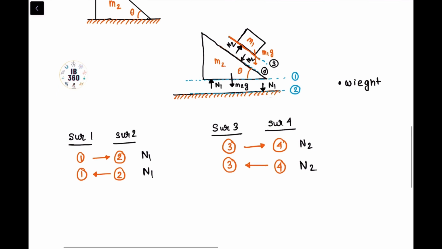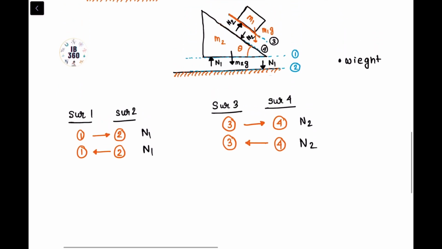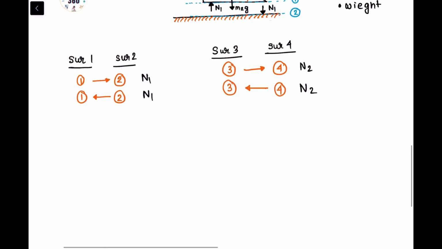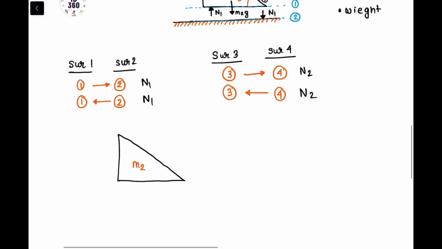Now the next step, and the final most important step, is to draw a neat diagram. For m2, this is the block of mass m2. Over here in this direction there is the force N1.